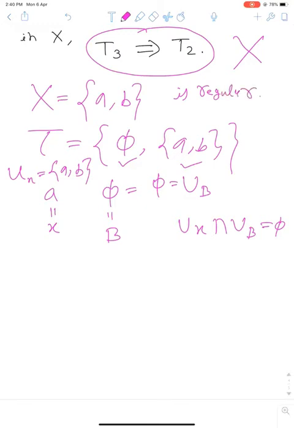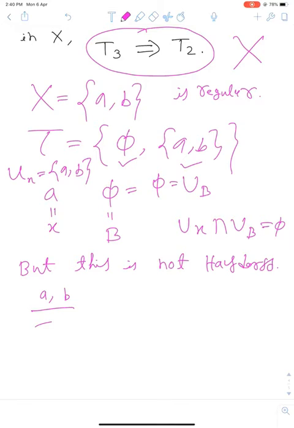But we know that this topological space is not Hausdorff, because if we choose any 2 points, say A and B, then we cannot separate them by disjoint open sets, right?